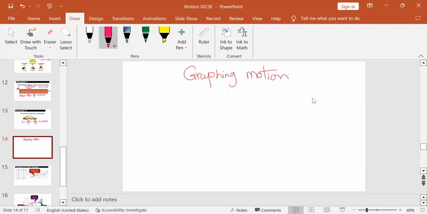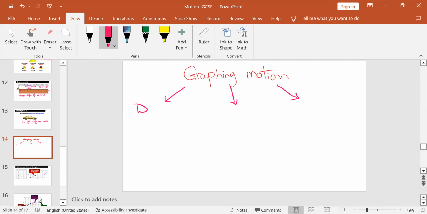Graphing motion. We know that in physics, we use a lot of graphs. Graphs are a very important part of our exams. To graph motion, we have three types of graphs to represent motion. What are they?